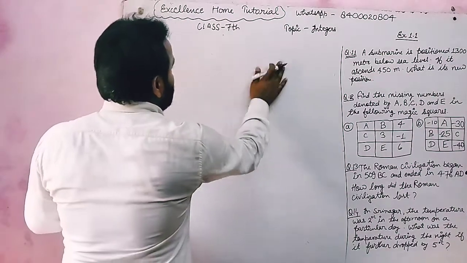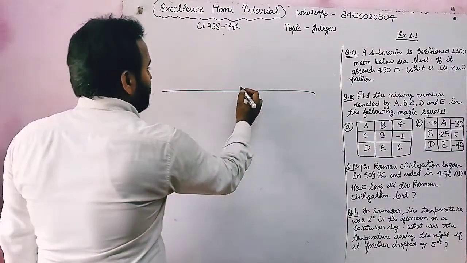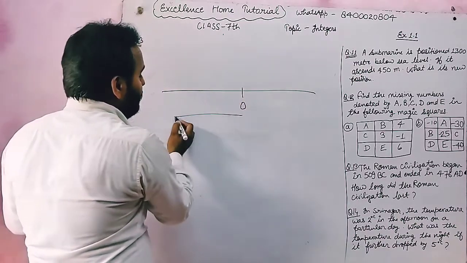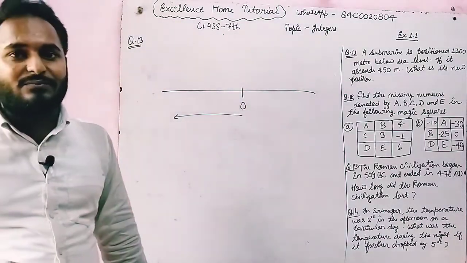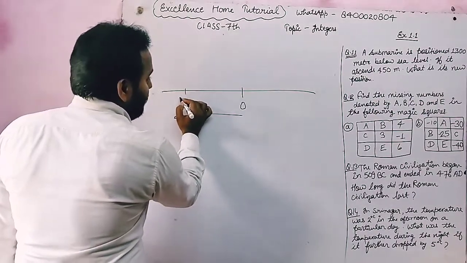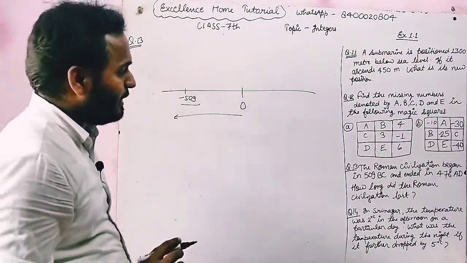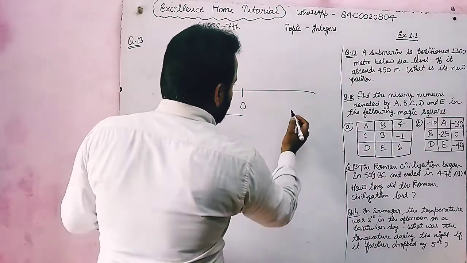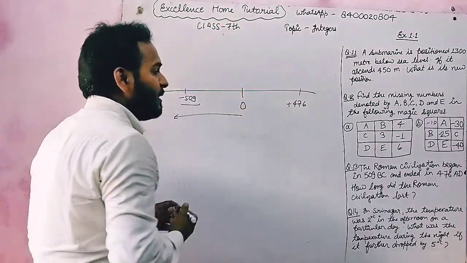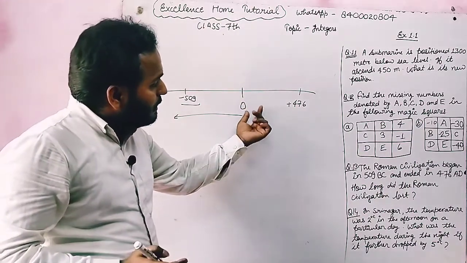In this question, first of all, you have to understand the basic concept of the Roman civilization. In this number line, we use 0, and BC is before 0, on the left side of 0, before Christ. That means before 0, this is minus 509. BC is represented by minus 509 and AD is represented as 476, and this is a positive sign because it is after 0, after the birth of Christ.